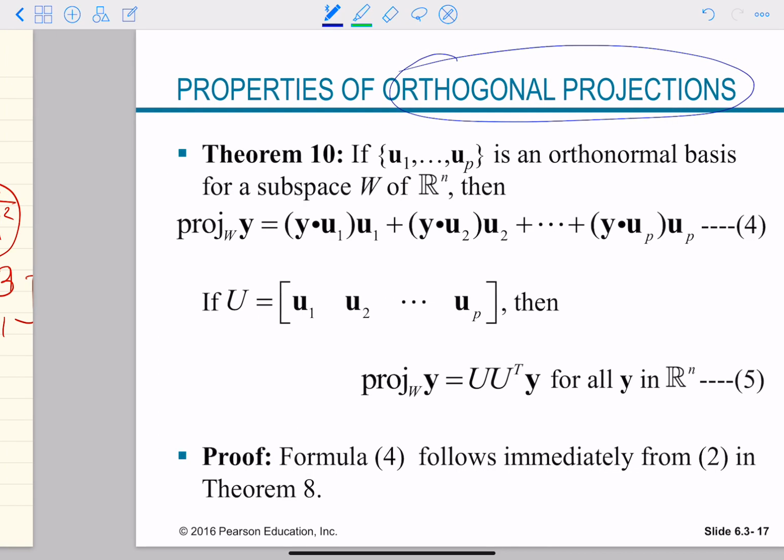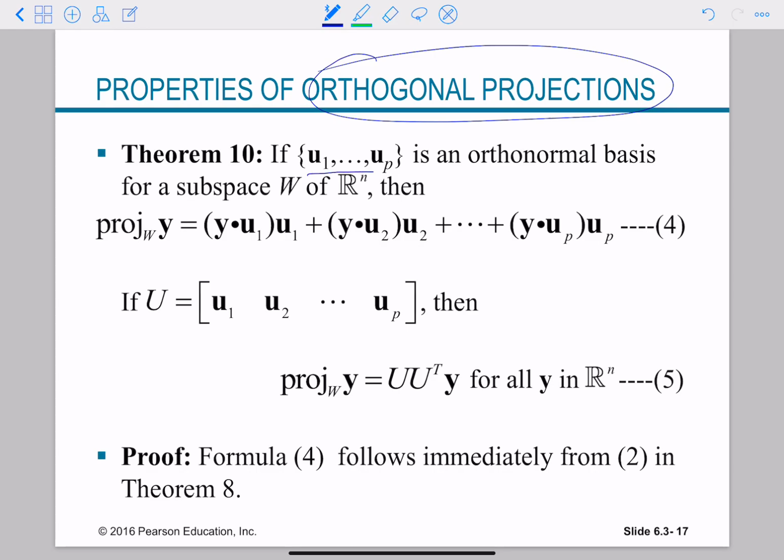Here in this theorem 10, we still have an orthonormal set of vectors, and they work as the basis vectors for a particular subspace W. So we are given a subspace W and its orthonormal basis vector set. Also in this chapter, we studied the orthogonal projection of an arbitrary vector y onto this subspace W.